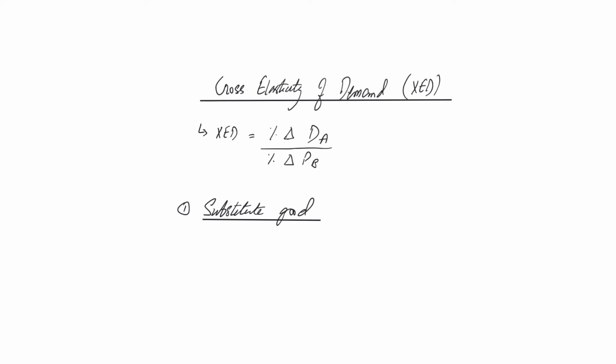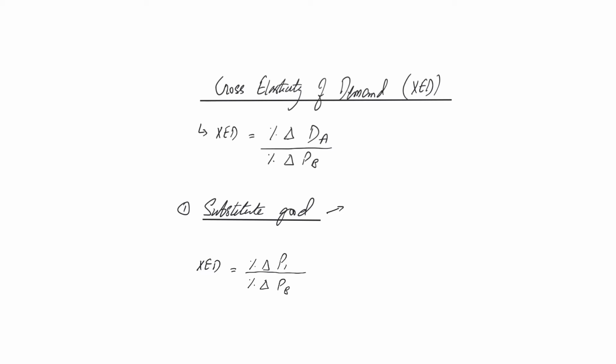Now, substitute goods are the replaceable goods, the alternative goods. And what we will see in this is that I'll explain it through the diagram, the formula again, because you're required to explain it through the diagram, through the formula in your exam.